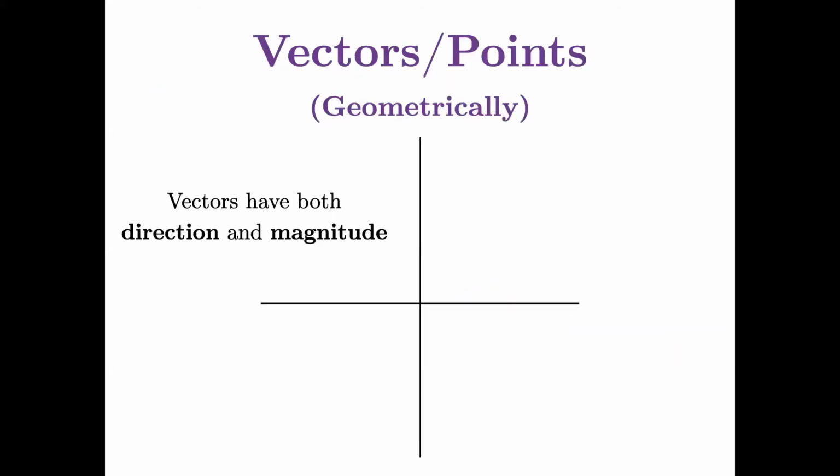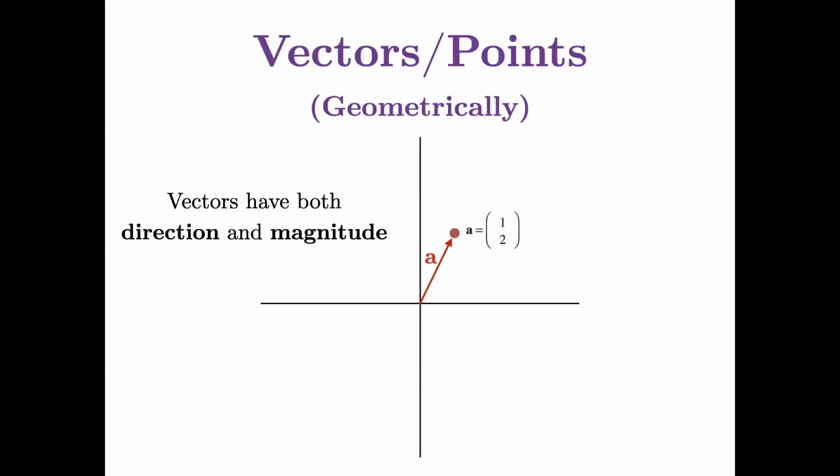Now, geometrically, something that will be important for us to think about is the interchangeability between the concept of a vector and a point. Typically, when you first talk about vectors, you might have done so in physics, where they have both a direction and a magnitude.